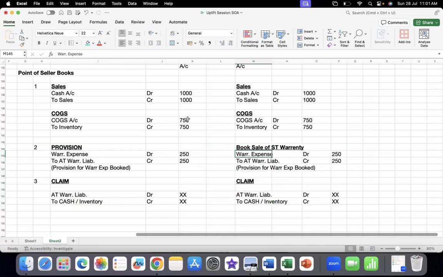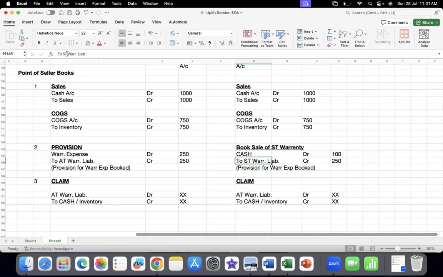Because you're selling it and you're getting cash, you debit cash or bank account by the warranty. Let's say how much is the optional warranty you're giving. Let's say it is 100, and then you credit not assurance type warranty liability, you credit your service type liability.